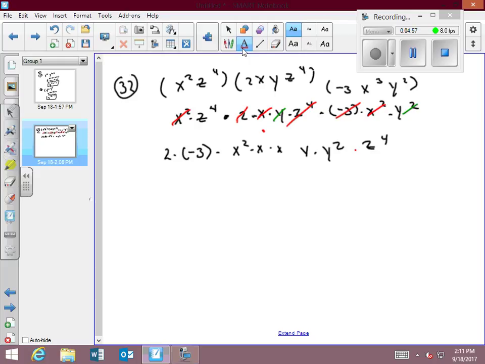This was supposed to be a 3. And there's a z to the 4th, the first z to the 4th, right here. And then there's another one. Okay, thanks. Now I have them all down there?